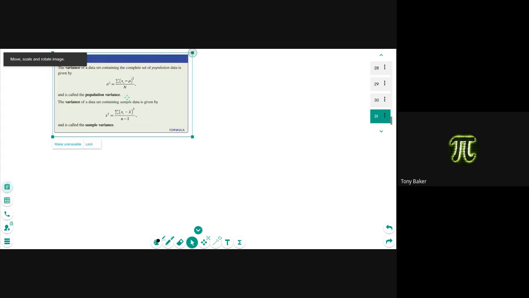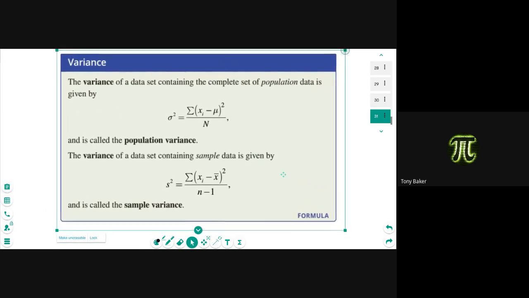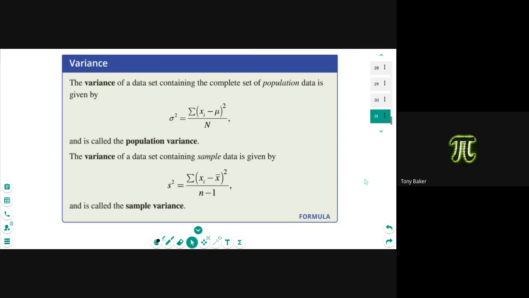This is the formula for variance. If you're going to go on to Stats 2, I know what these symbols mean. If you're not going past here, you're never going to see these symbols or this formula again.